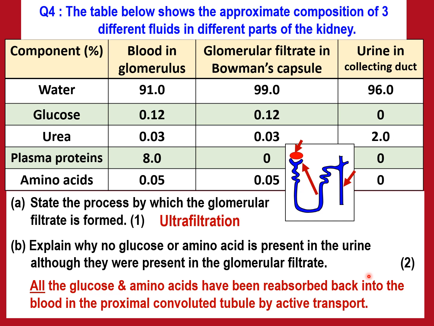The process is important. Back into the blood in the proximal convoluted tubule by active transport. Okay, 2 marks. So all the glucose and amino acids have been reabsorbed back into the blood, 1 mark. In the proximal convoluted tubule, maybe 1 mark, and active transport 1 mark.